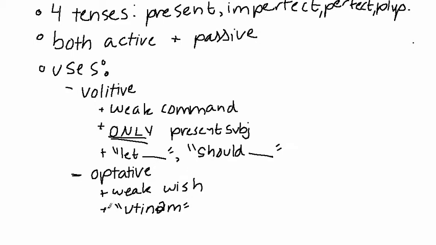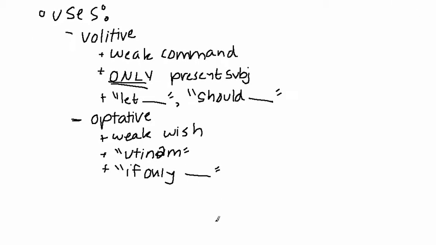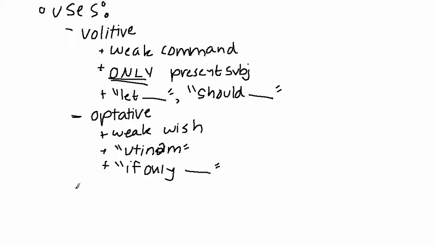And it's always translated as if only blank. So the subjunctive is also used for clauses. And clauses include conditionals and relative clauses and a lot more, but we'll get more into that later on.